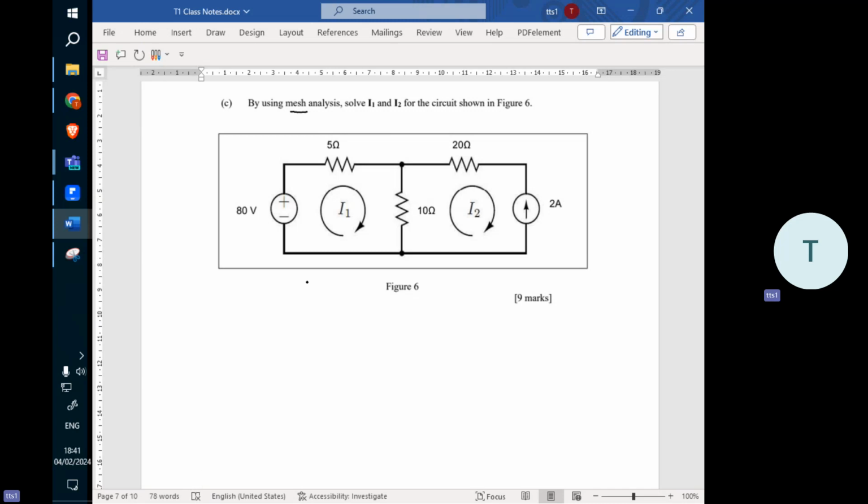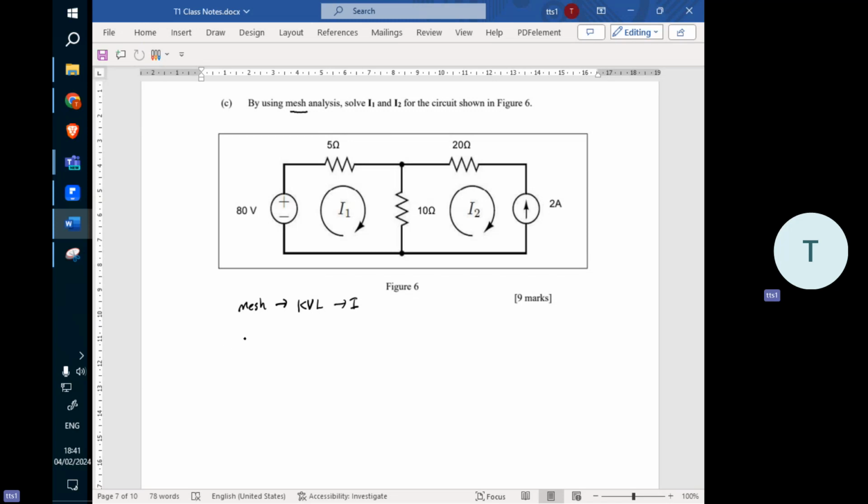What we mean by mesh analysis is that you need to use KVL to find the current. The nodal analysis is the opposite: using KCL to find voltage. This one is using KVL to find current.